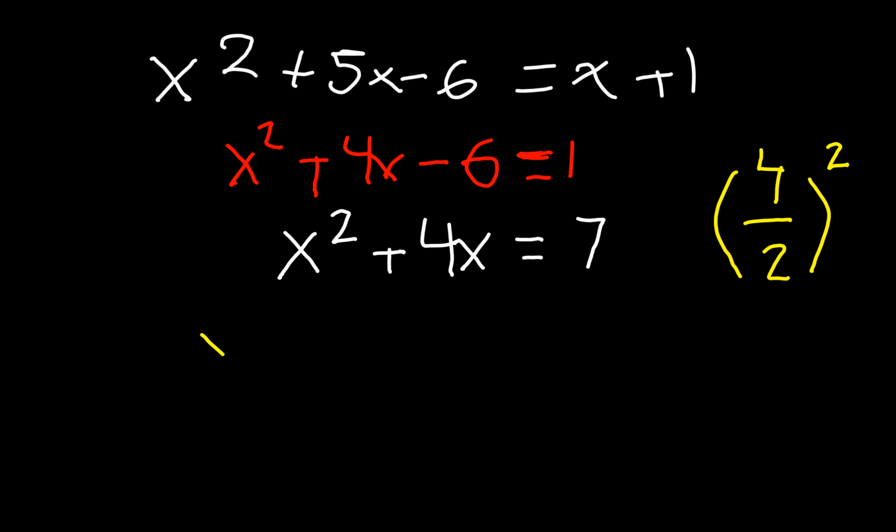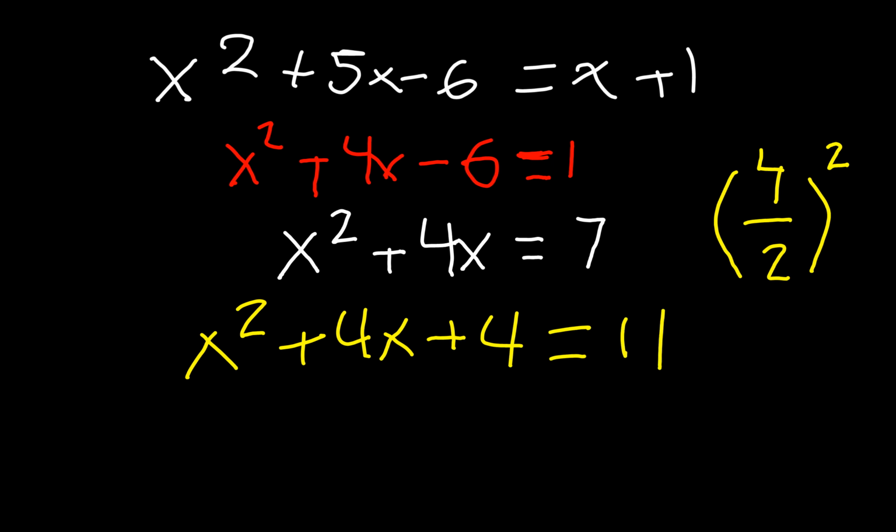So x squared plus 4x, and you want to take that 4 and add it to both sides, and you're going to get that equal to 11. And then after this step, that perfect square is going to be x plus 2 squared is equal to 11.